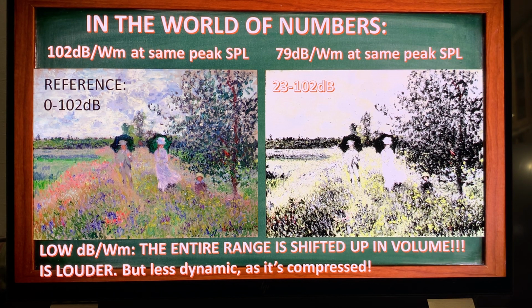So let's reiterate it: it's less dynamic and higher energy content, because we are getting rid of the softer details. Basically we are bumping them up to a higher level, and that's why the energy is getting more.